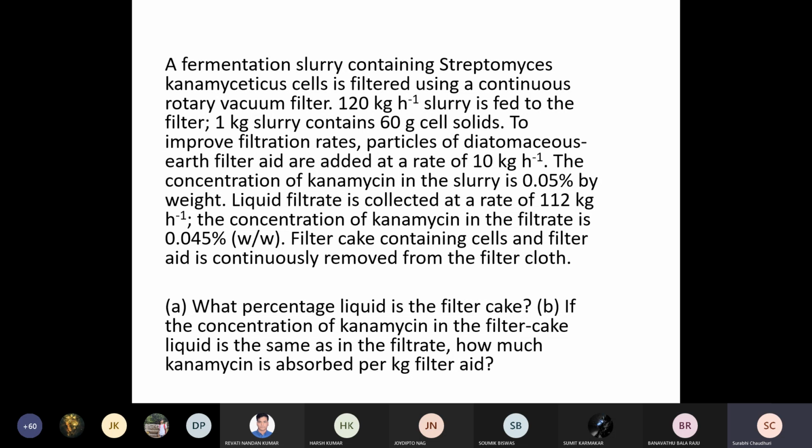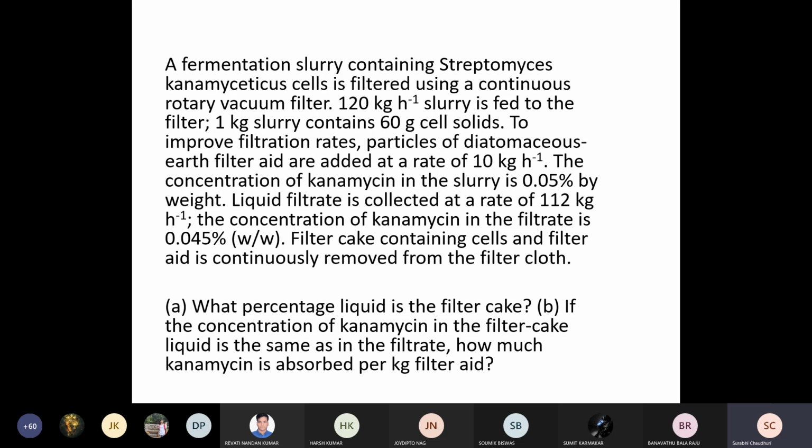So fermentation slurry. Slurry is a mixture of solid and liquid. Like if with sand we mix some water, then it won't be a soluble one. If we add salt in water, that will be a solution. But if we add some sand in water, that will be a slurry. Solid liquid mixture.